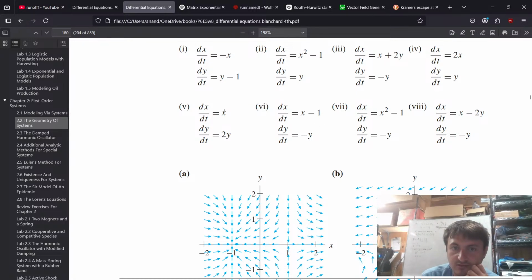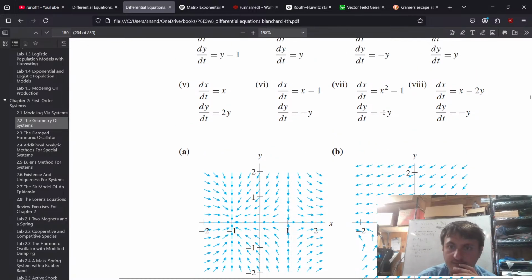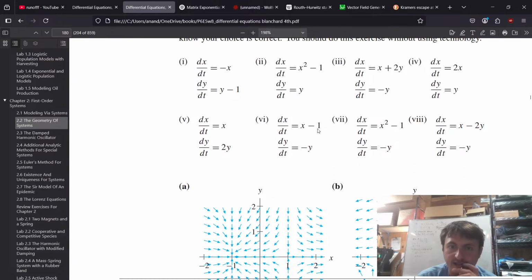But it can't be this one. Oh, wait, it actually doesn't have to just be that. But what we do know is that universally y is decaying. So it's got to be 8, 6, 3. Okay, so we've narrowed it down to 3, 6, and 8.